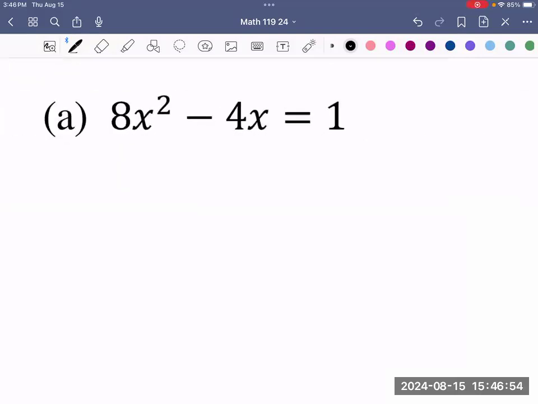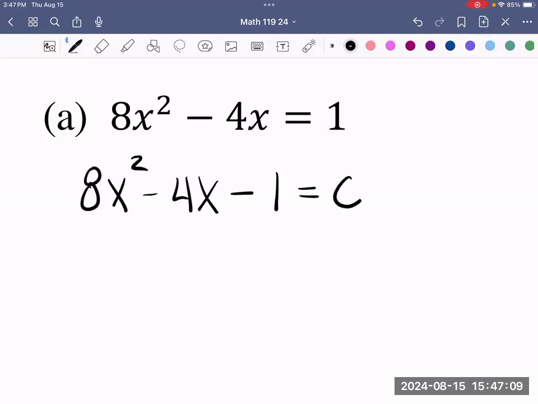You'll notice here that we have a 1 on the other side. Now, typically what we want to do is set one side equal to 0. So we're going to get 8x squared minus 4x minus 1 is equal to 0. So before getting started, set equal to 0.